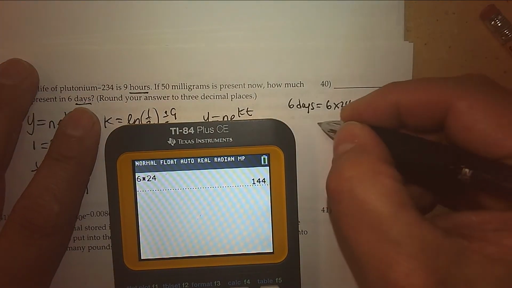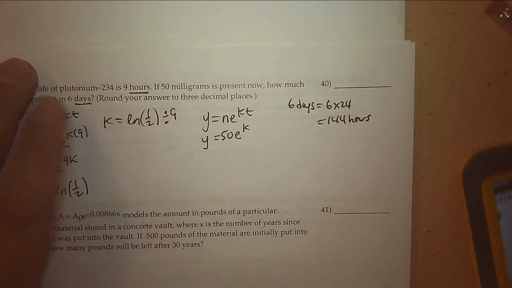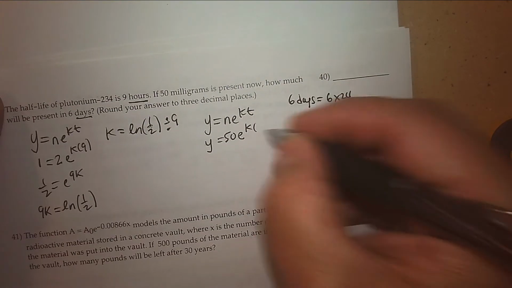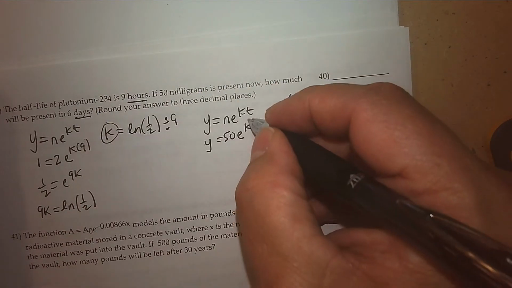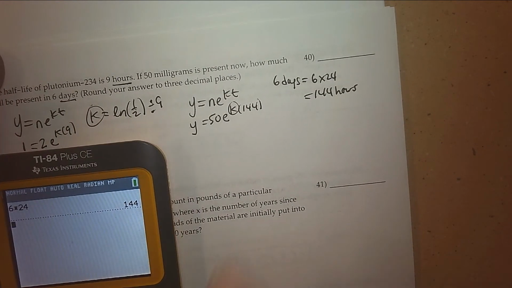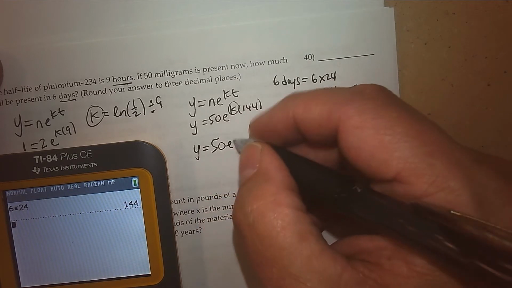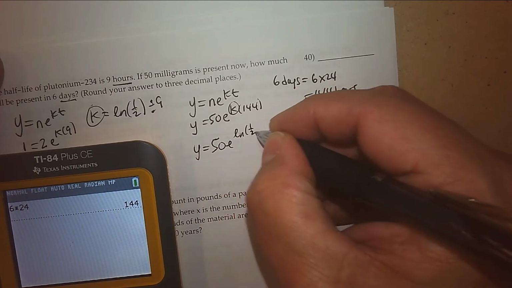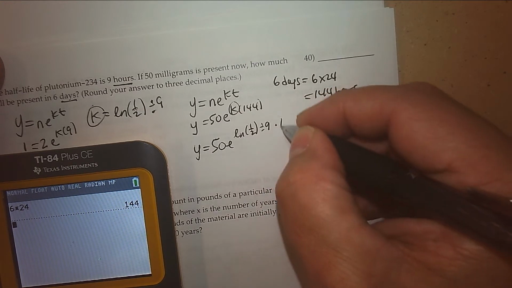That's 144 hours. That's how many hours 6 days is. So when I plug it in, I need to plug in 144. Remember, this k is going to go in here. So when I plug it into my calculator, it's going to be 50e, and then in the exponent it's going to be ln 1/2 divided by 9, and then take that answer times 144.